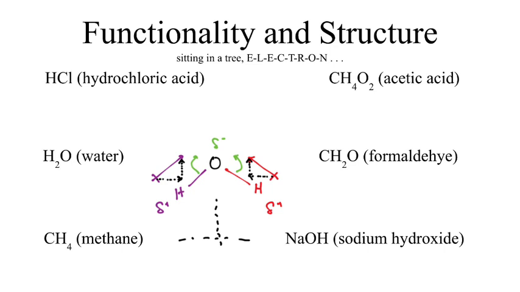What happens to the dipole left and right, if we want to call it our x-axis versus our y? Is there a dipole on the x-axis? That would be this horizontal line.